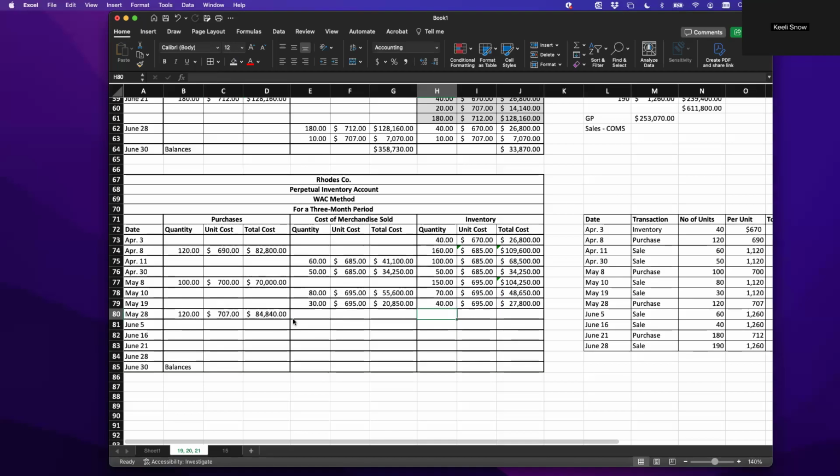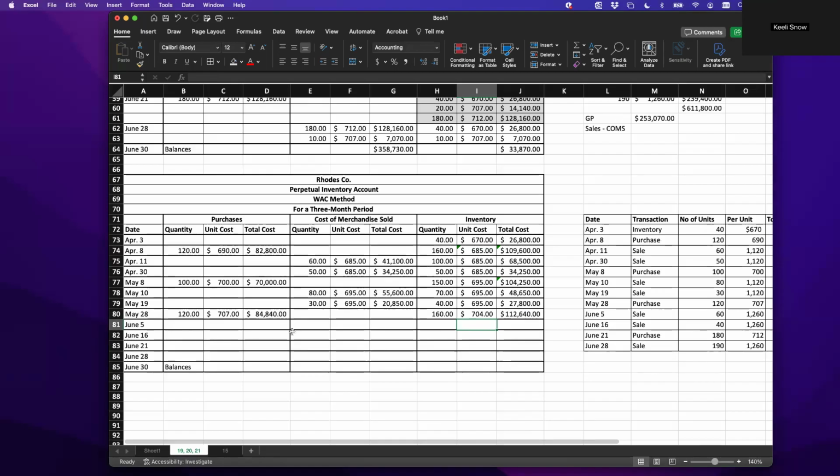We had 40. We purchased 120, so now we have 160. We had 27,800 worth of inventory. We purchased 84,840 more dollars of inventory. Now we have $112,640 of inventory. So 112,640 divided by 160, 704.